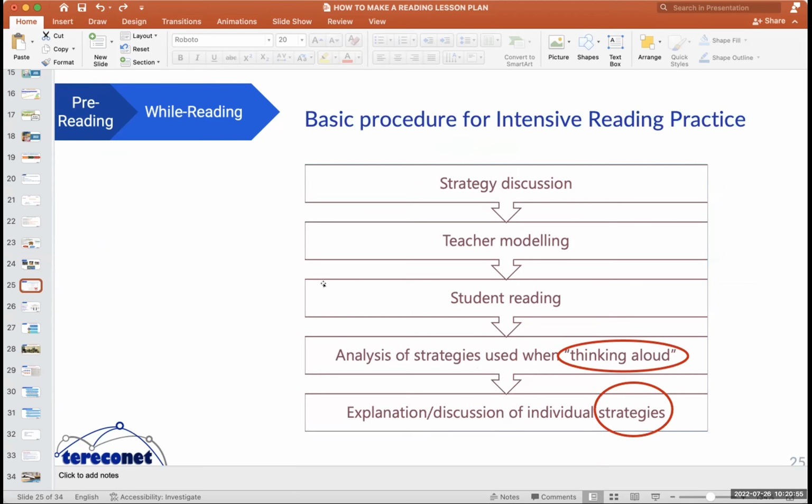But I think I should just switch into English maybe. So this one is a basic procedure that I find that we should do for intensive reading practice. The context here is intensive reading practice, which is a really classroom context, where you have a reading text and then comprehension questions.